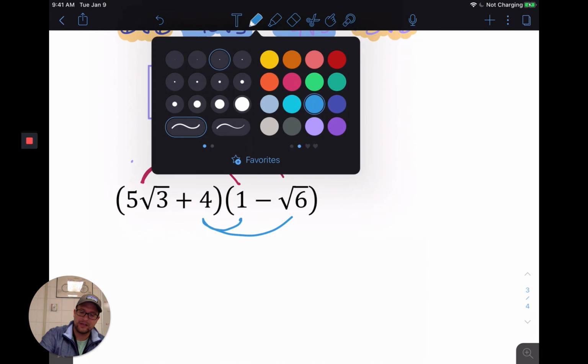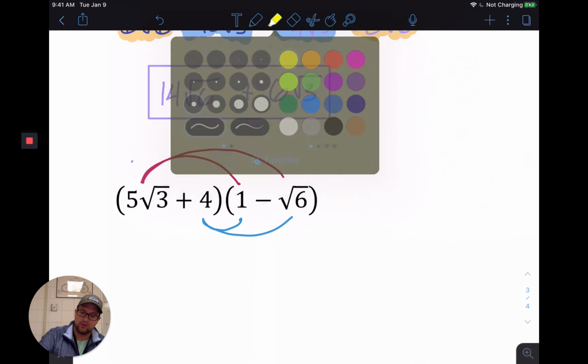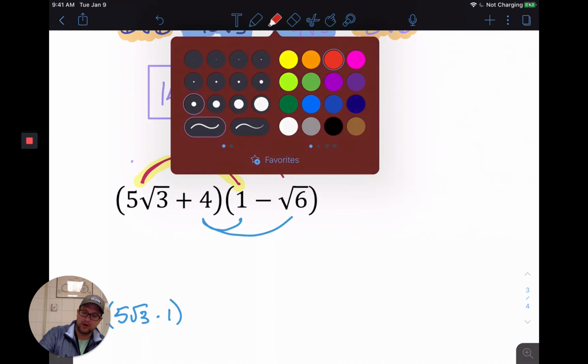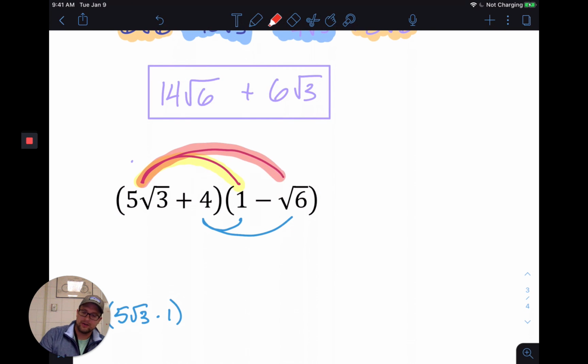And maybe to do that easiest, we might actually just write this out. So our first multiplication is going to be 5 square roots of 3 times 1. And then our second multiplication would come from right here.